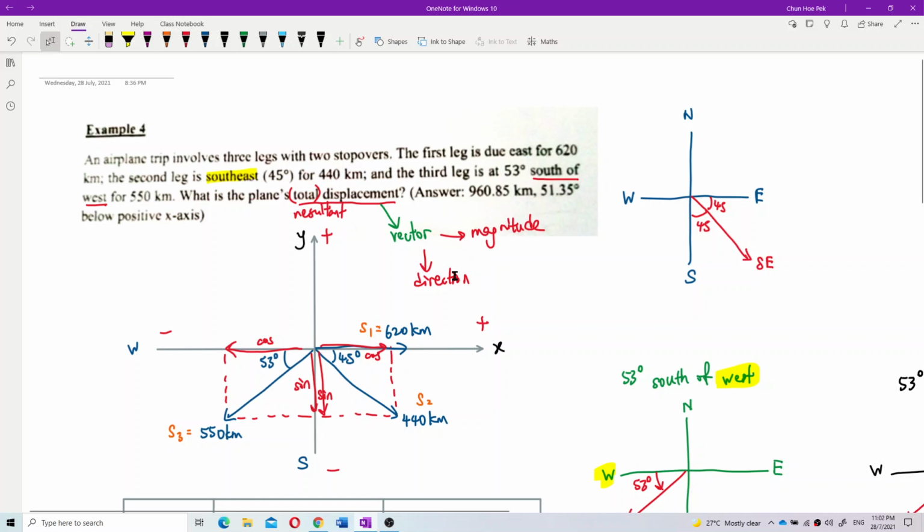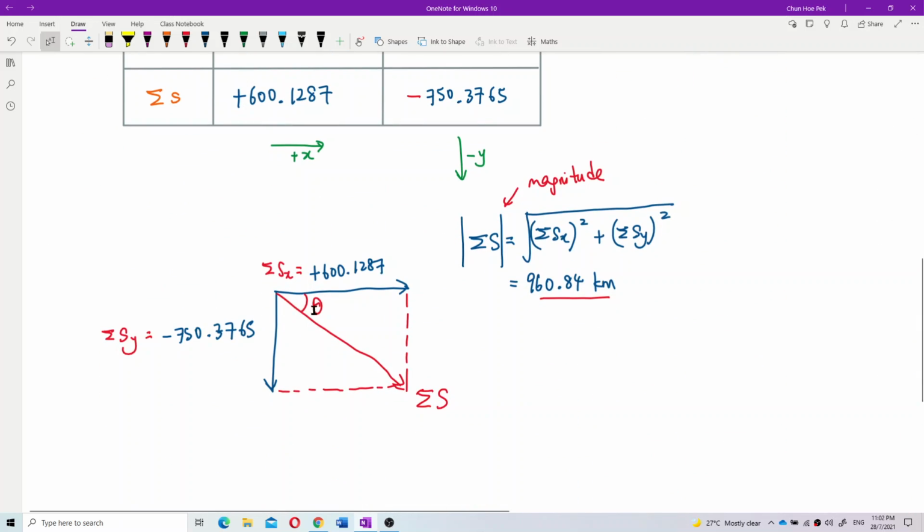So how to find the direction? That means you need to find this angle. Direction, normally we refer to the x-axis. You must not just find the angle theta. You must also say this angle, theta degree, below the positive x-axis.